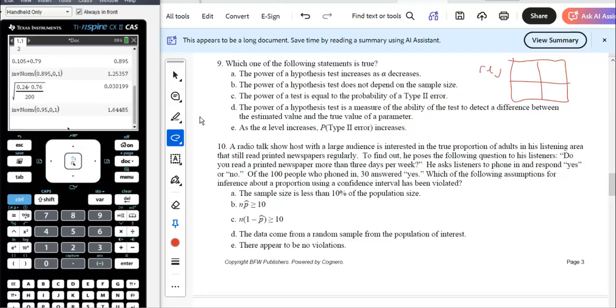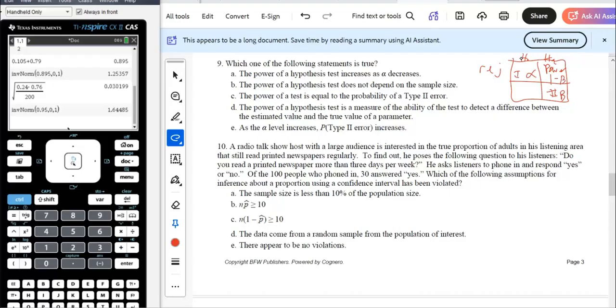This is reject, this is null is true, this is alternate is true. So this is type 1 error, and this is alpha. This is the power of the test, and this is type 2, and that's beta, I believe. This is 1 minus beta, etc.